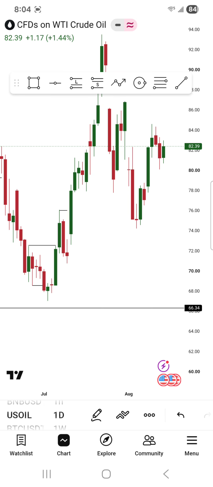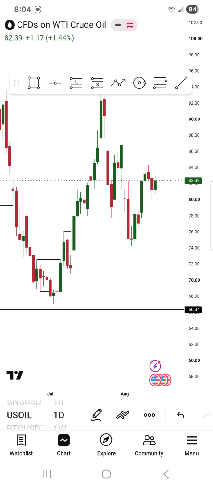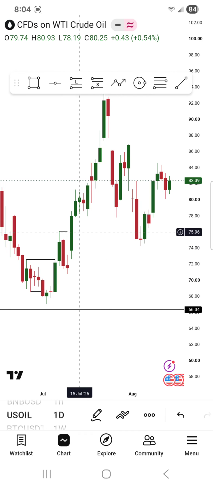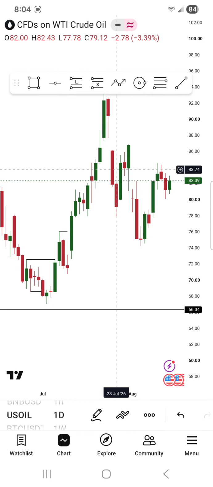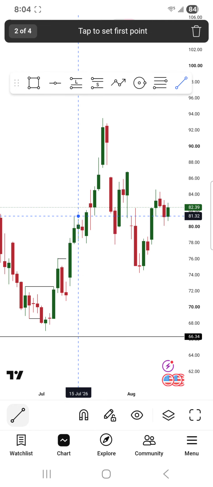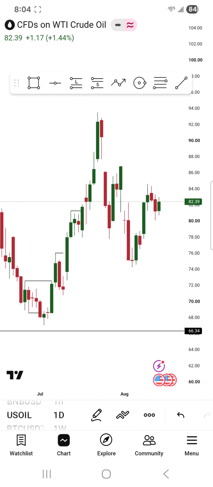Remember I told you when you're able to spot two breaks of structure in one direction, it tells you that the market is moving towards that direction. So we spot two. This is the first one, this is the second one. You see that the market continues. So we have the third one here. I can see this guy, boom, this is a break of structure.